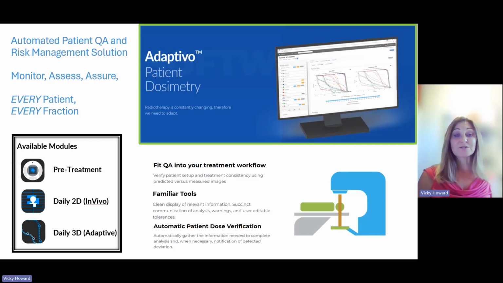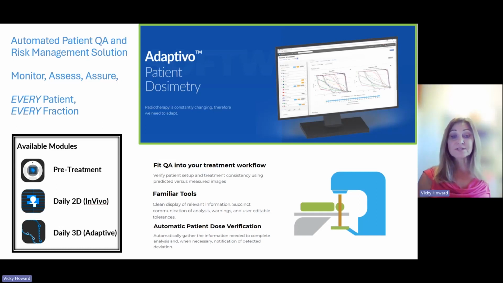With automated patient dosimetry verification, healthcare providers can guarantee that the quality of care is maintained throughout the treatment process. And this is becoming more and more important as the trend towards dose escalation and hypofractionation in radiation therapy is really driving this need for real-time quality assurance for every treatment session.